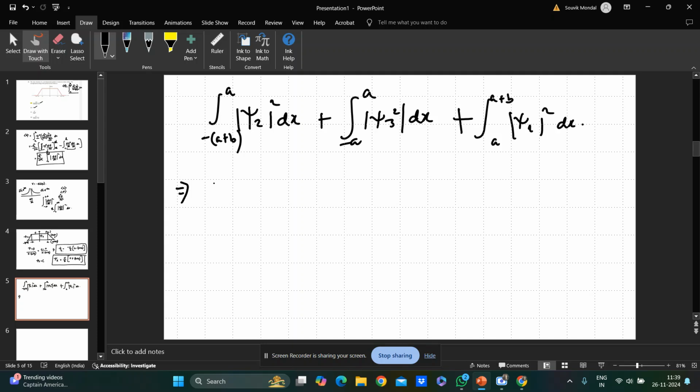So what is your psi 2? Psi 2 squared is c square by b square times x plus a plus b whole square.